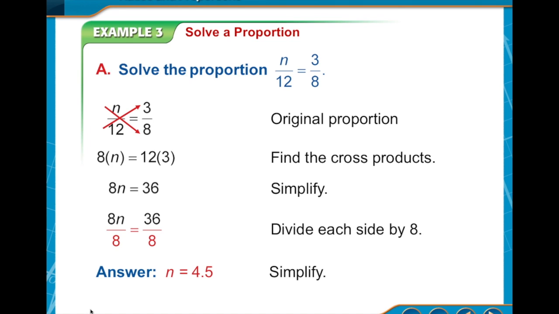Remember, all you have to do here is take the cross product. We multiply across, we get a value, multiply across, we get a value, and then we do whatever it takes to get our variable by itself. Imagine a box around your variable.